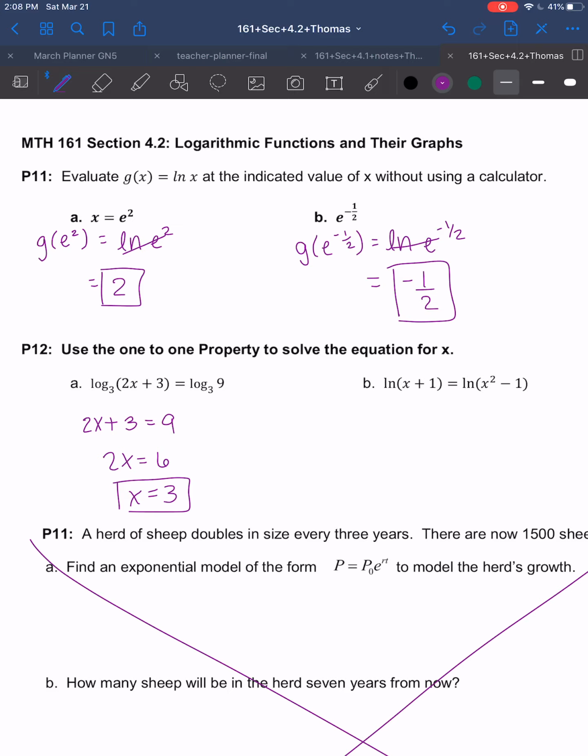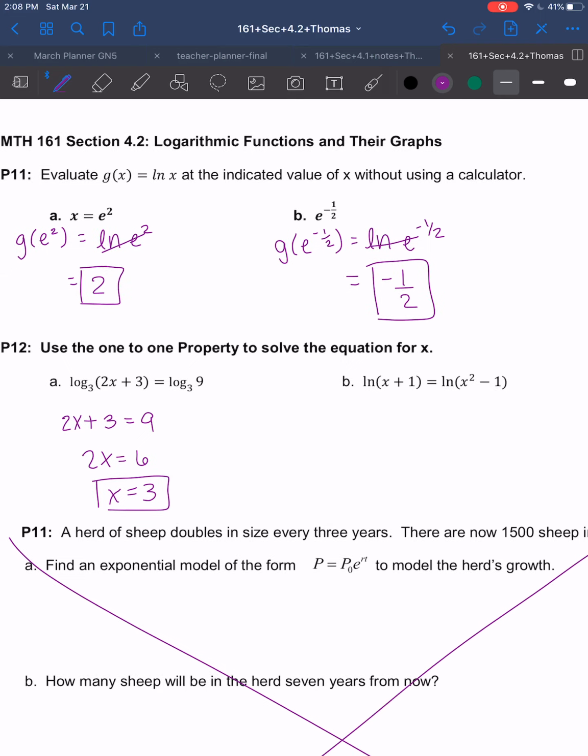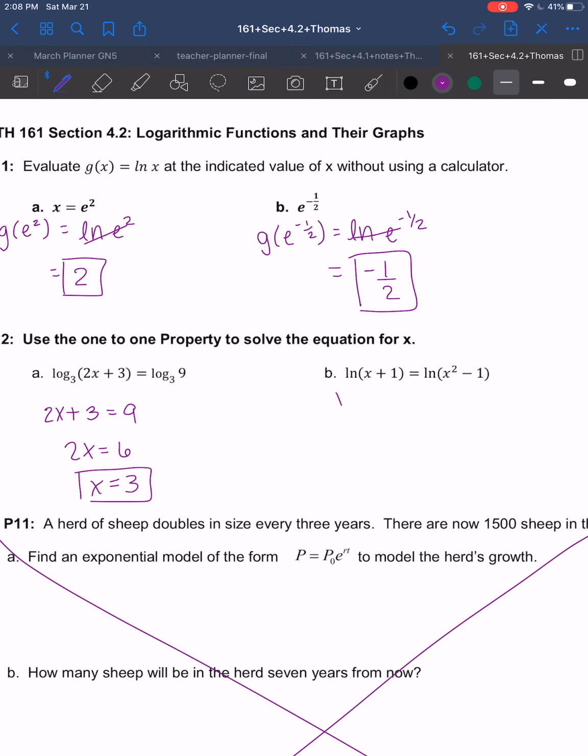And then same here. Since you have natural logs, I can drop them. And then move everything to one side. So I'm going to move these guys over there just because it's easier to keep my x squared positive. And then you can use quadratic formula, but I'm going to factor it.